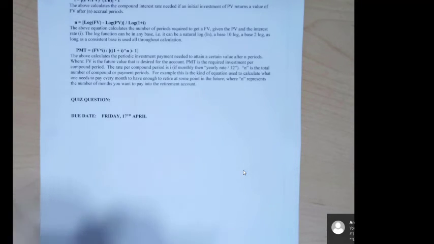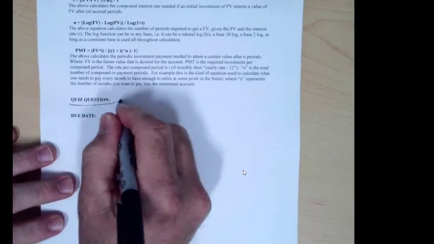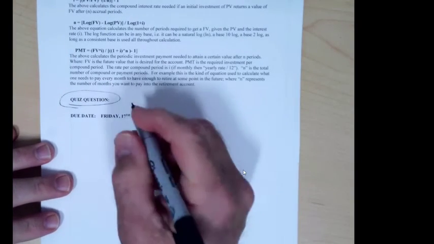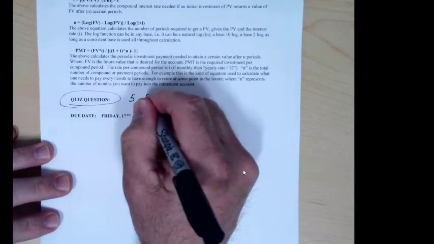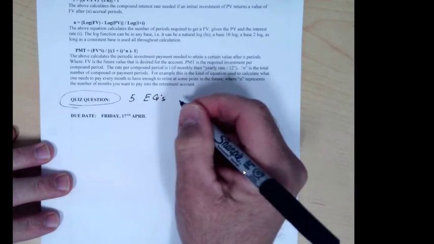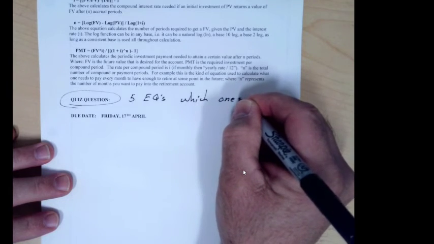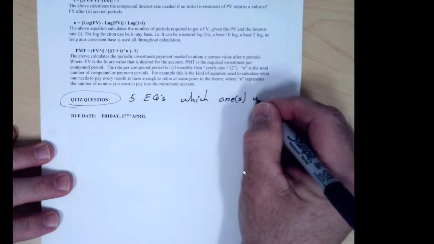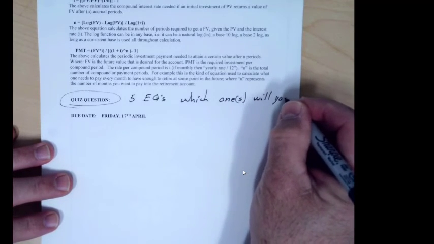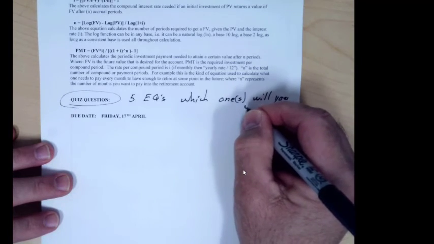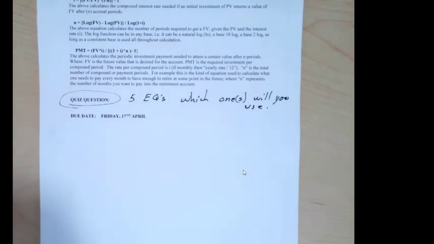Okay, so the quiz question for today. I've given you 5 equations. Which one or ones will you use for this assignment?